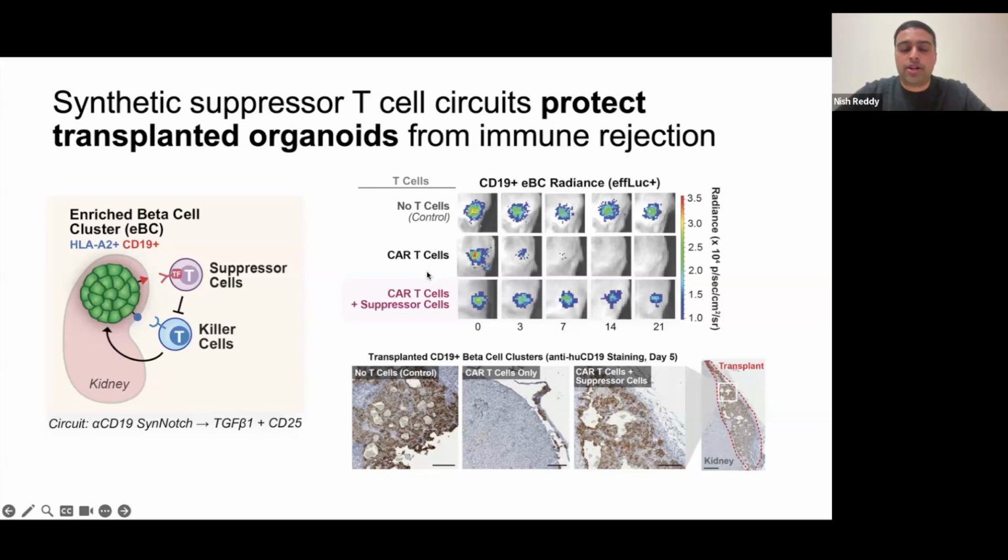When we have our CAR T cells and suppressor cells, we see that these transplants remain protected, or much better than with the CAR T cells alone. And this is histology images of anti-CD19 staining, showing that these transplants are remaining intact in the presence of suppressor cells.